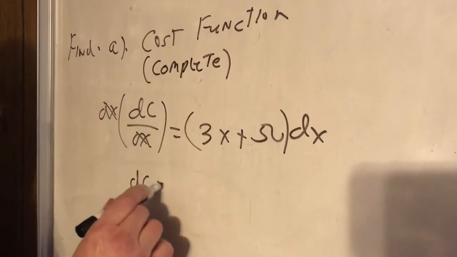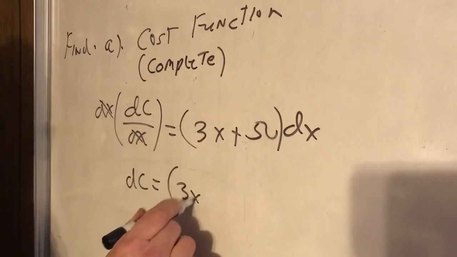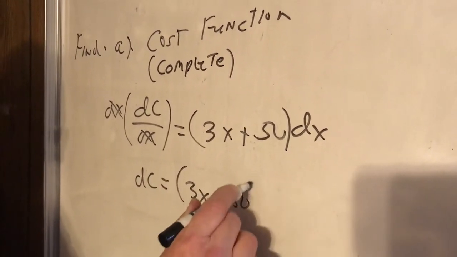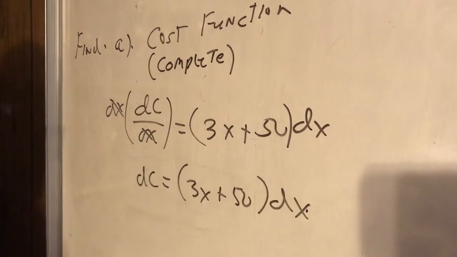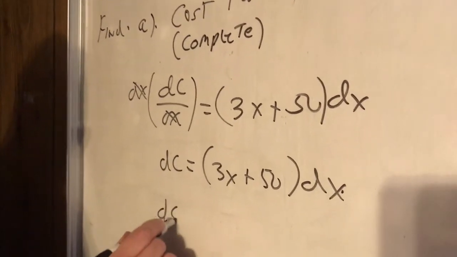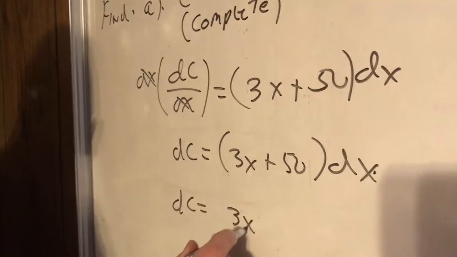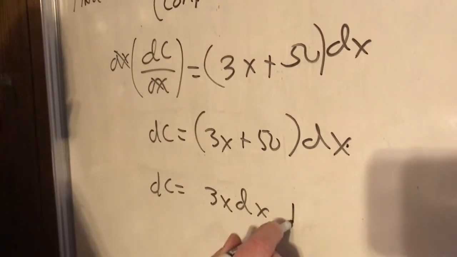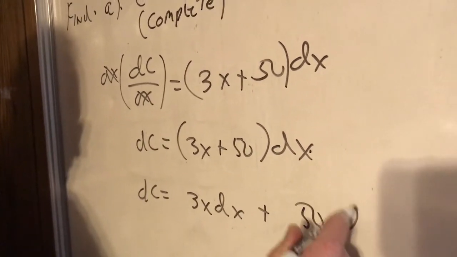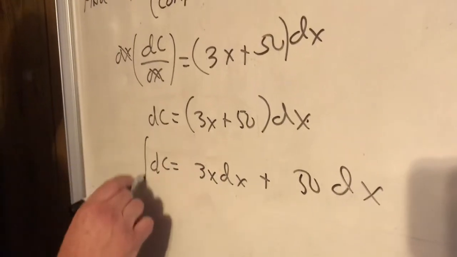So dC is 3x plus 50 dx. I'm going to distribute the dx: 3x dx plus 50 dx. Now we're going to add an integral sign.